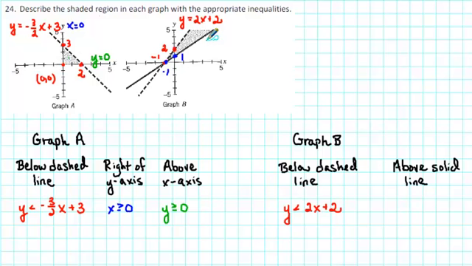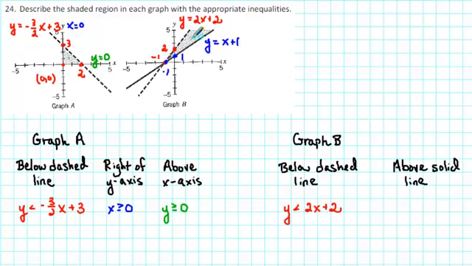So the equation of the solid line is y is equal to, we need to calculate the slope. From the x-intercept to the y-intercept, we rise 1, run 1. 1 over 1 is 1, so we get y equals 1x, which can be written simply as x, and then plus the y-intercept, which is 1. So y equals x plus 1 is the equation of the solid line.